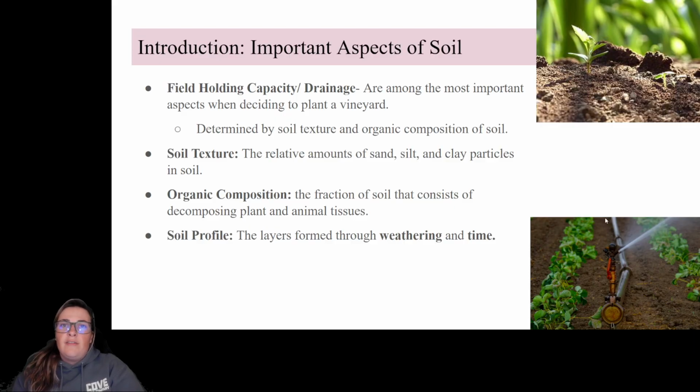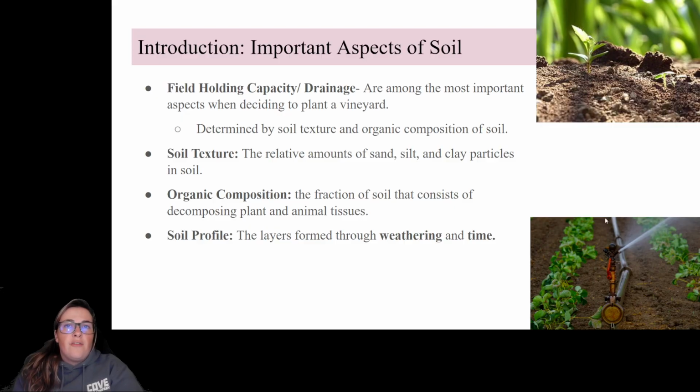A lot of this will be determined by the texture and the organic composition of the soil that you have. Soil texture, by definition, is the relative amounts of sand, silt, and clay particles in your soil. So just the combination of these things will tell you how much water it can hold, how well it drains, and what nutrients can be available to your plants, depending on those combinations.